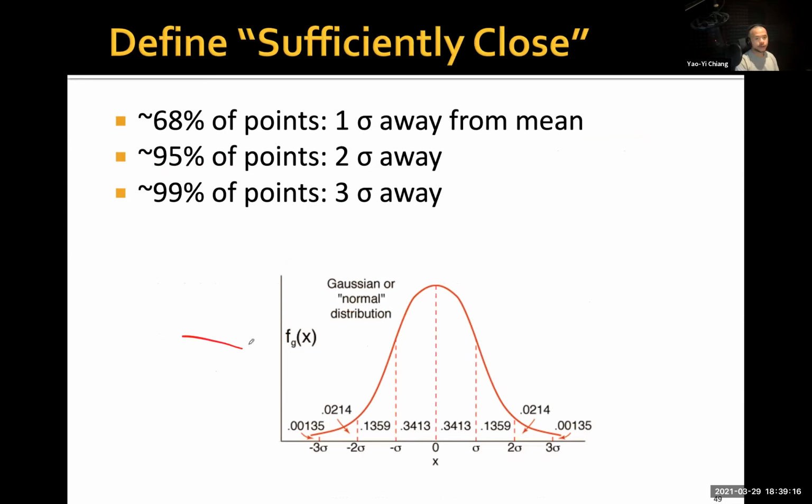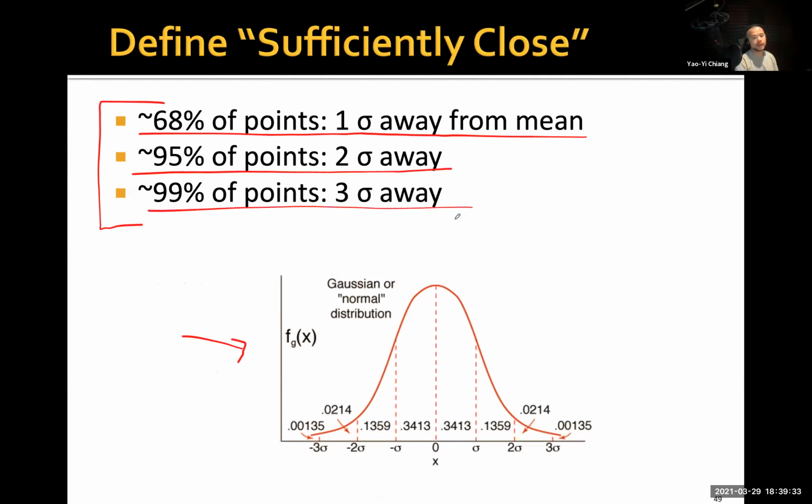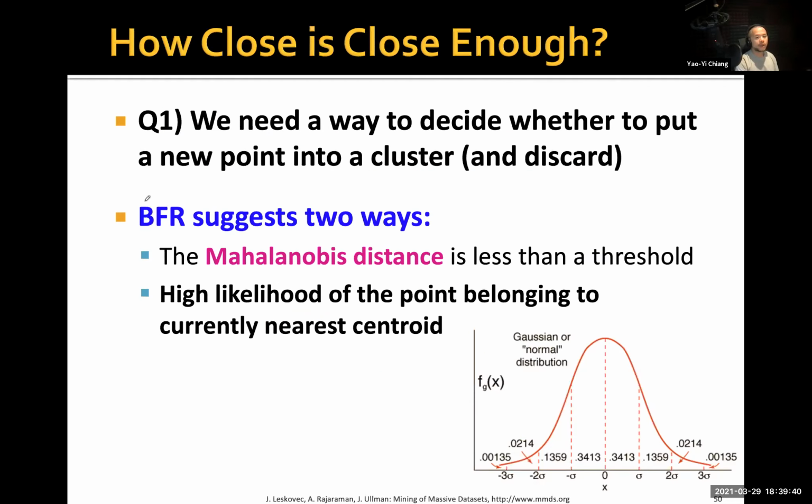With your Gaussian distribution, you have all these properties: we know that 68% of points will be within one standard deviation of the mean, 95% of the points within two standard deviations, and so on. So to figure out sufficiently close, we have two ways.